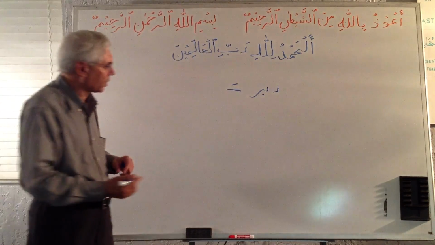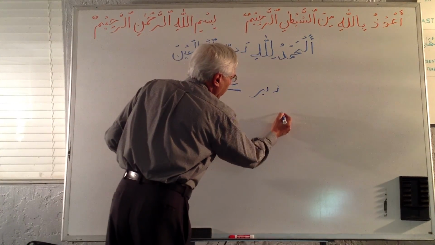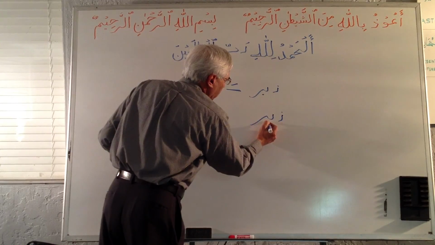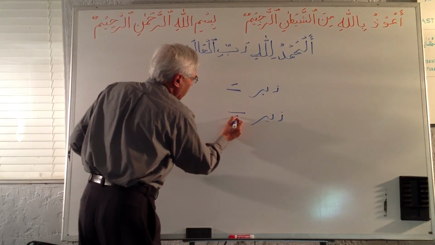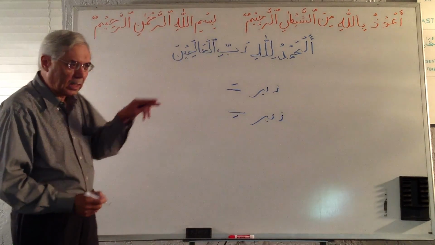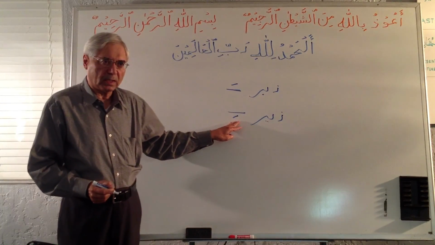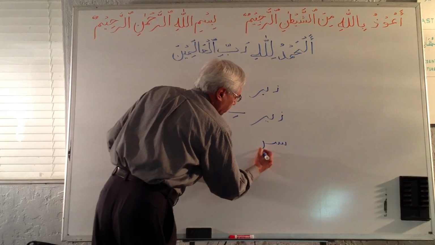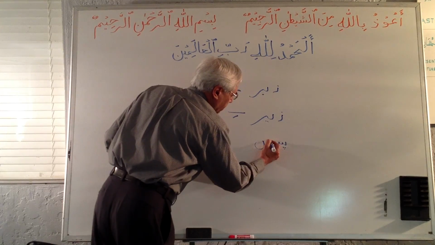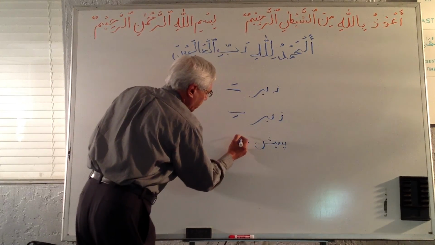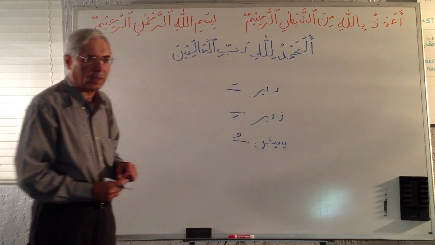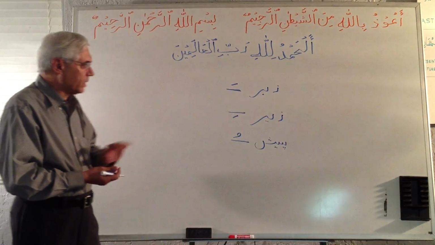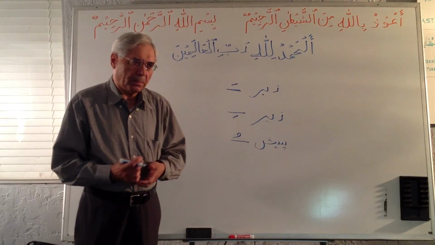Okay? Then we have zair, which is represented by a line and this symbol underneath. Then we have something which is called pesh, which is represented by this thing. Okay? So these are the things that we call zair, zabar, and pesh.